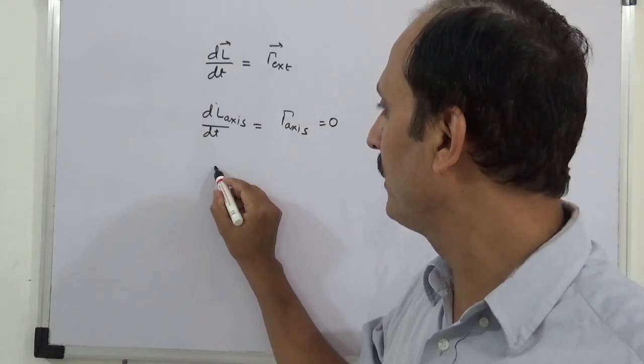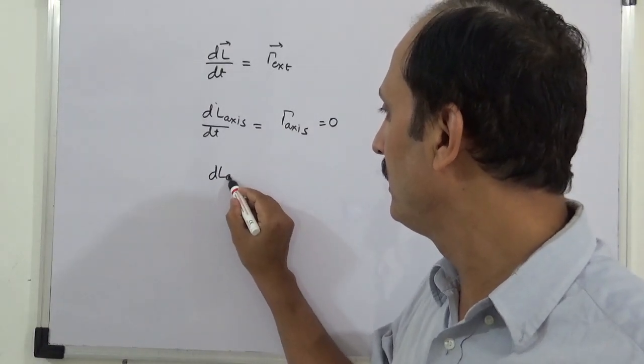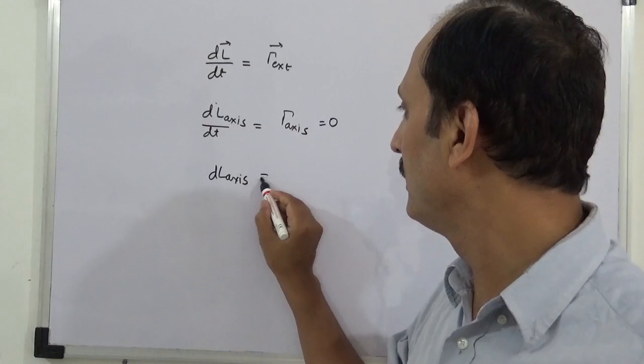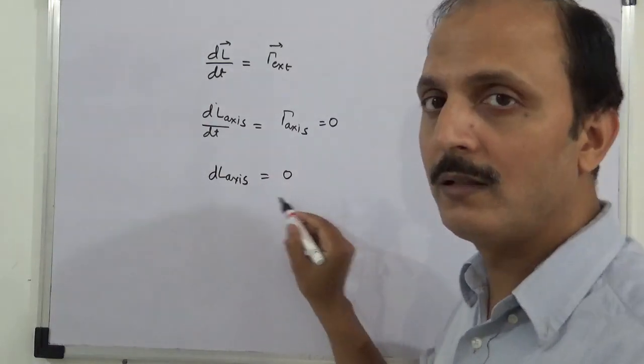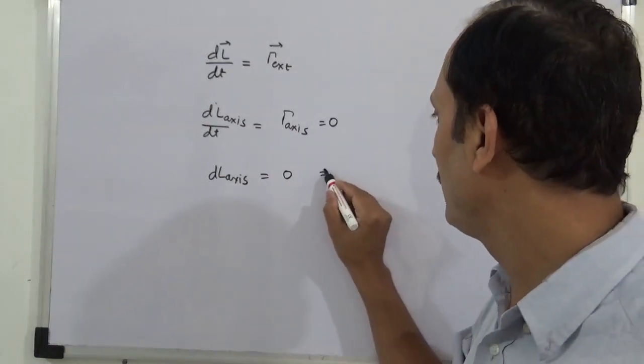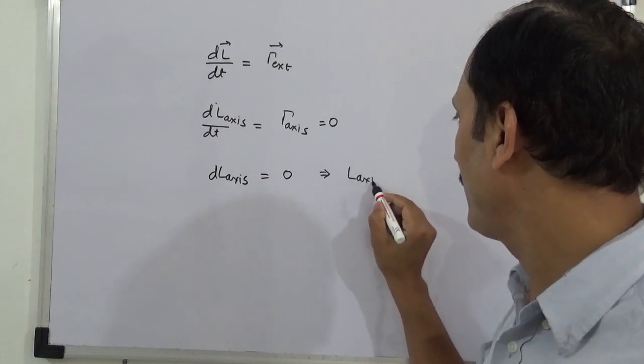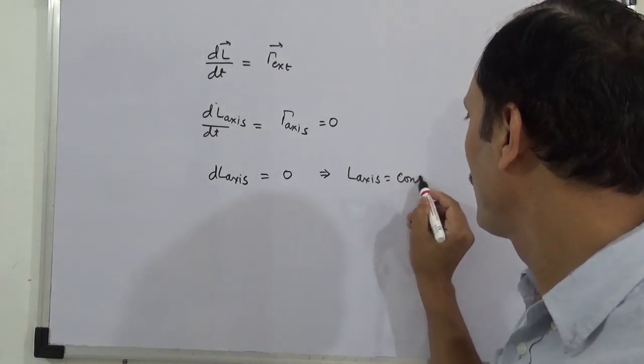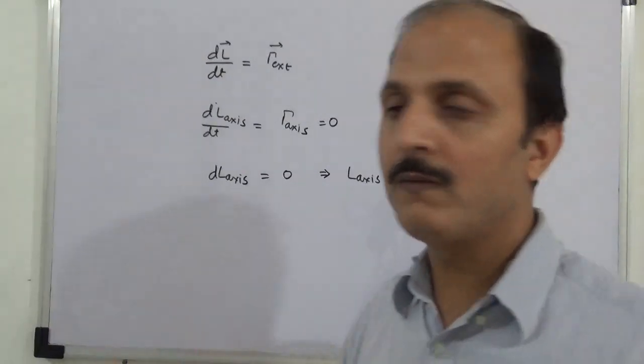So it becomes dL about the axis is 0. dL axis 0 means that L about that axis is constant, means L initial equals L final.